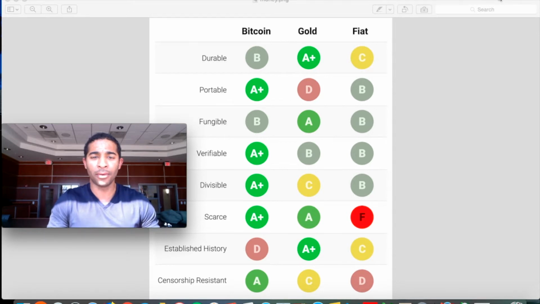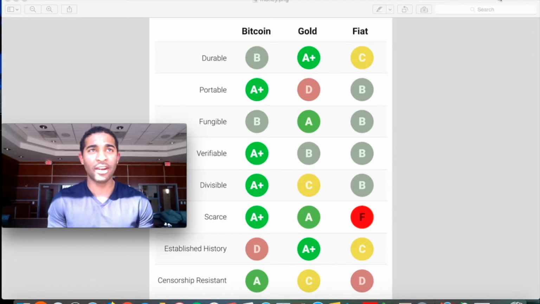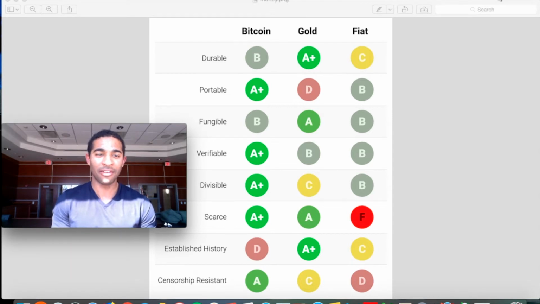So although Bitcoin does not have a very established history right now, and this is definitely Bitcoin's weakest property, I think that will change with time, and that's part of the economic speculation that one engages in whenever they decide to hold Bitcoin. And it's part of that risk analysis that everyone has to do for themselves.